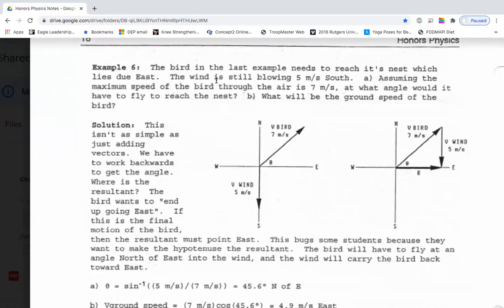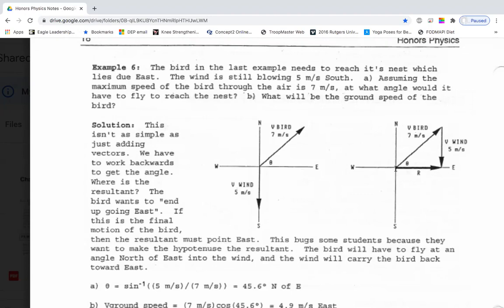Okay, now it's the same bird in the last example, but now it needs to reach its nest, which lies due east. That means the bird has to start here and end up going this way. How does the bird end up going east if the wind is blowing south? The bird's going to have to angle up this way, and the bird can head off in this direction, and then we can put this vector tip to tail, and it'll bring us back down to east.